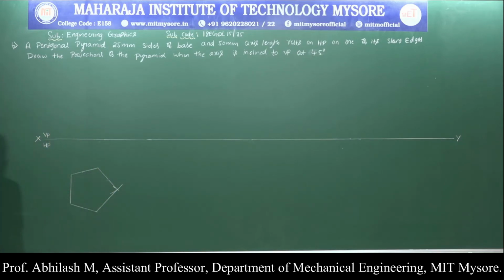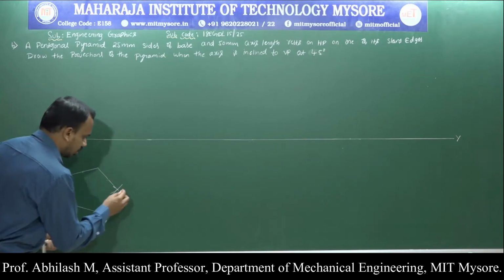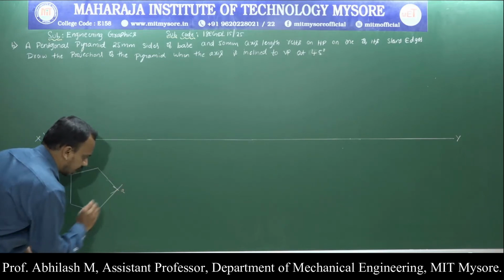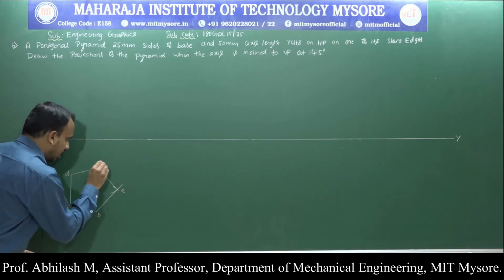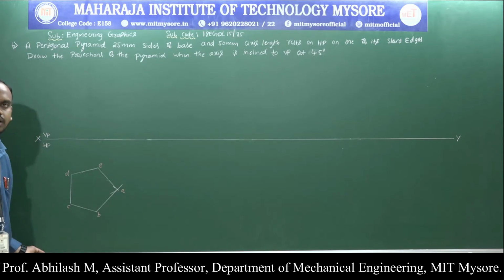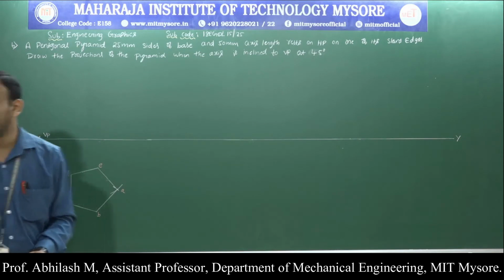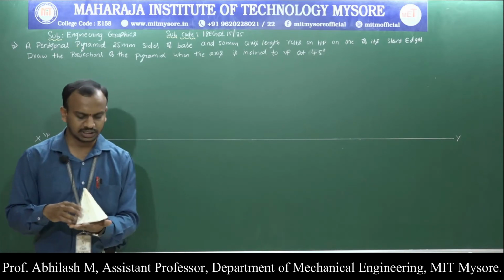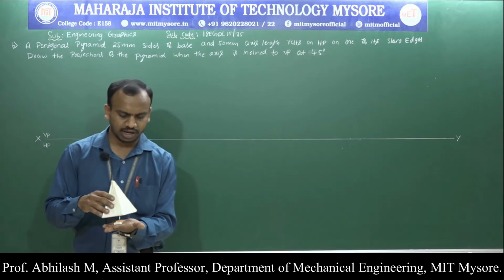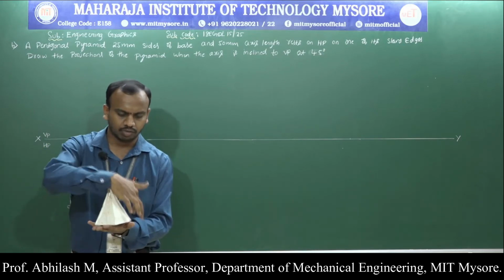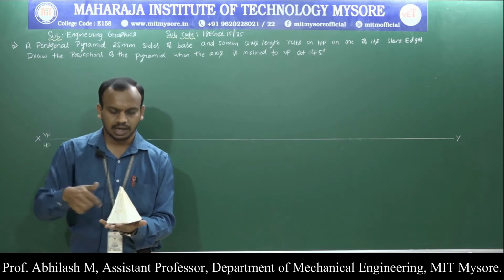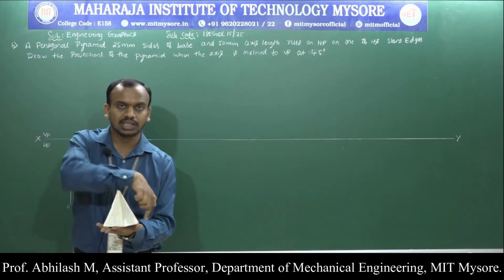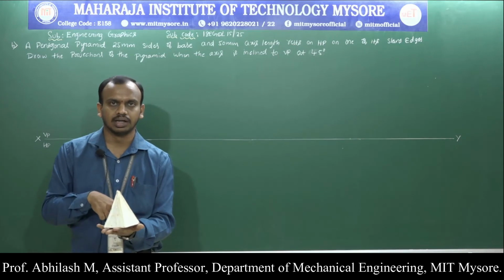The first thing that we are supposed to do is to name the corners. I am going to call them A, B, C, D and E. Next, it becomes important to identify the points which are visible and not. We are resting the pentagonal pyramid on one of its slant edges, and when I look from the top, I can clearly see all the sides of the pentagon.